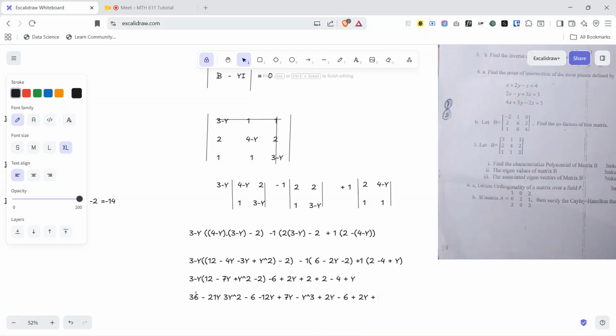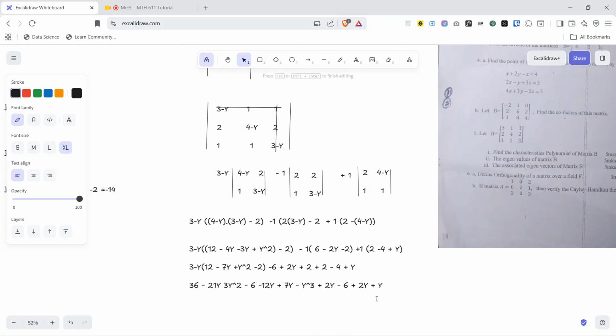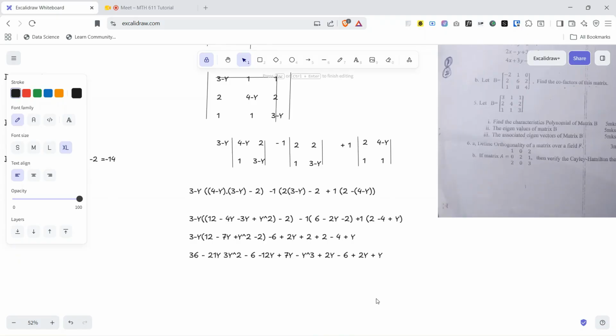Now we have minus 6 plus 2 lambda plus 2, we can add this up. 2 plus 2 is 4, and 4 minus 4 is 0. So those have taken care of themselves. Then plus lambda. So we collect all the like terms.